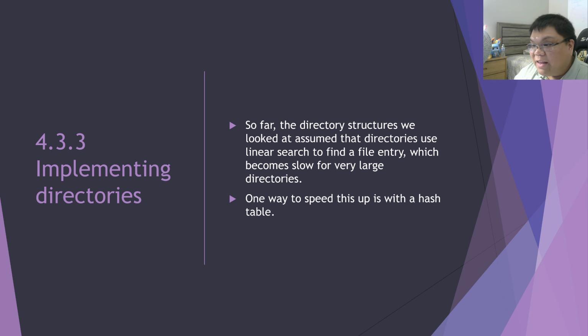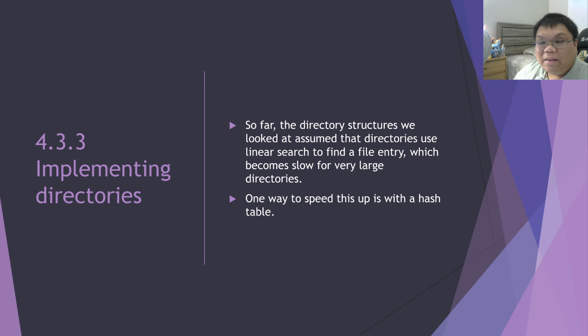That is basically linear search, which is okay for small directories, but when we get to file systems that store millions of files, linear search starts to become an issue.